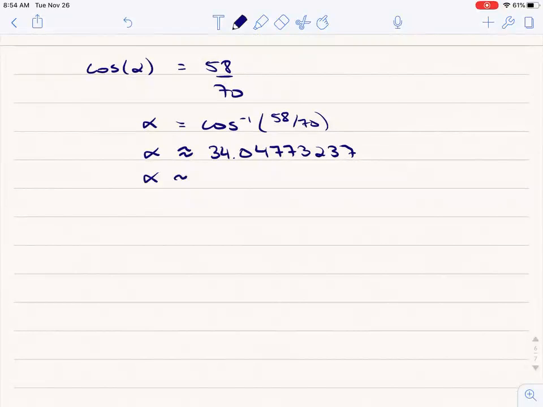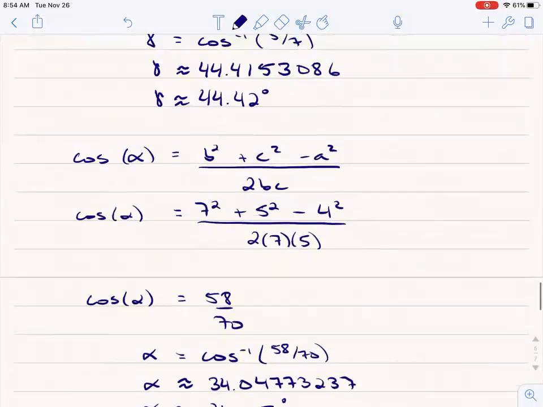So to hundredths, alpha is approximately 34.05 degrees.